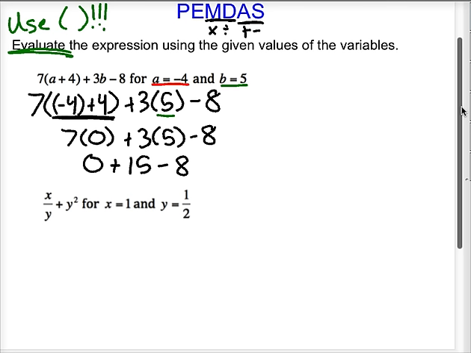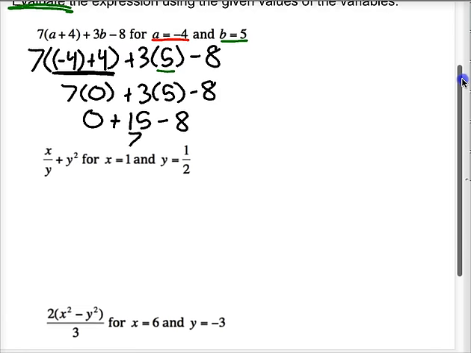Finally, addition and subtraction going left to right. 0 plus 15 is 15, minus 8 ultimately gives you 7, and that is the end of our problem. So again, not too horrible, just making sure you keep track of PEMDAS and go in the right order of things.